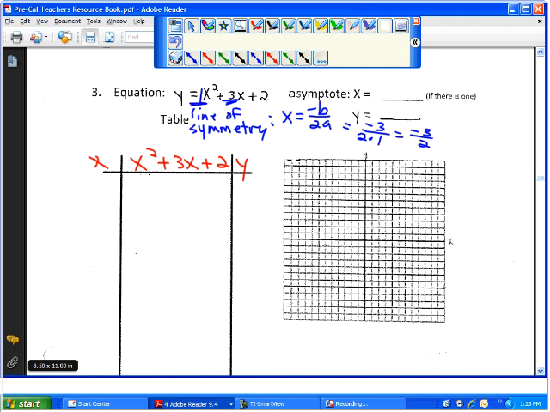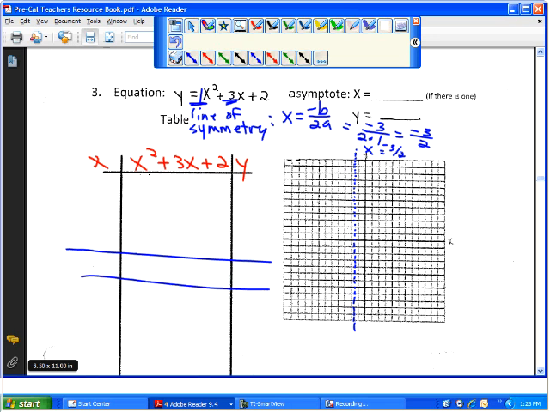So that's the same as negative 1.5. So my line of symmetry, this is not an asymptote. It's the line of symmetry for my parabola is that x is equal to negative 3 over 2. Understand that? The vertex is somewhere on it. Now, here's what we said we were going to do.